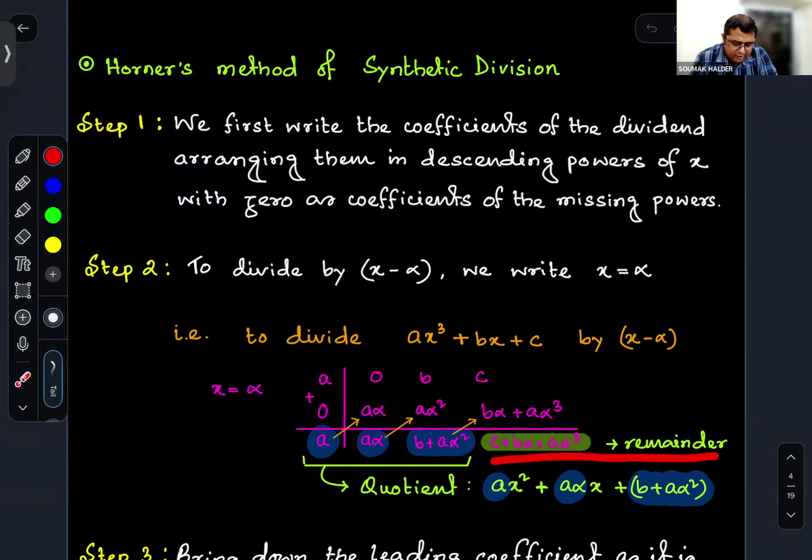So that's the remainder. Then what are the previous results? Each of the previous results, in left to right order, are the coefficients for the quotient terms in descending order of degrees.